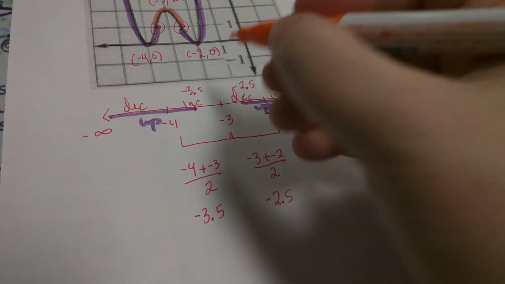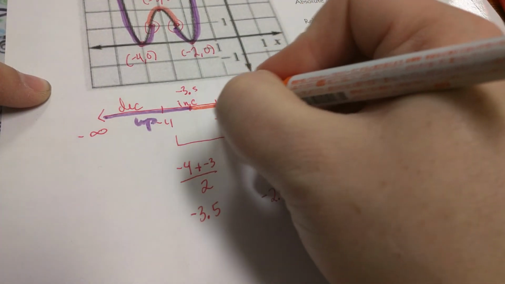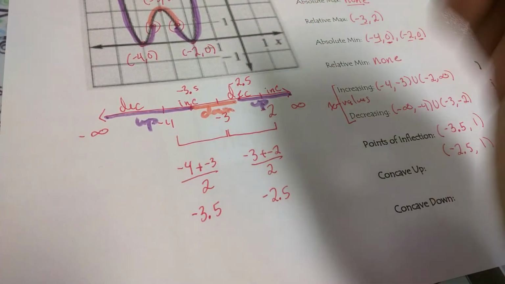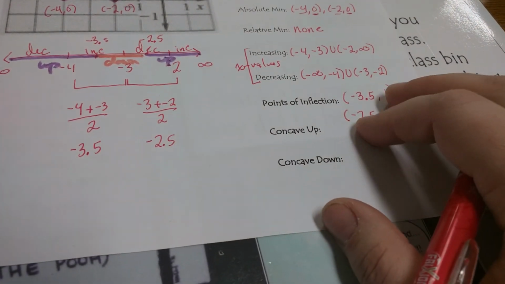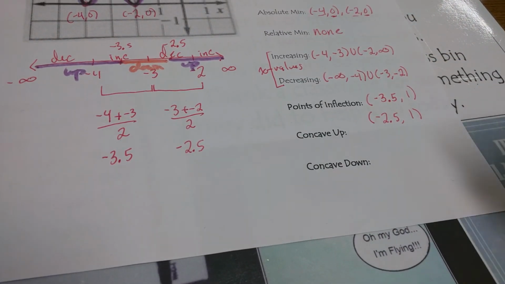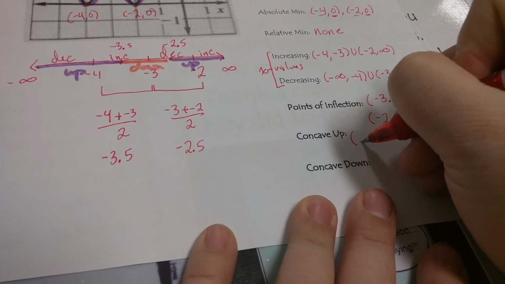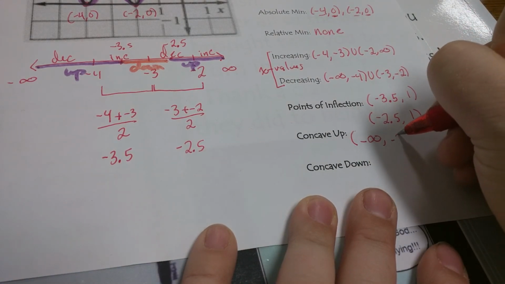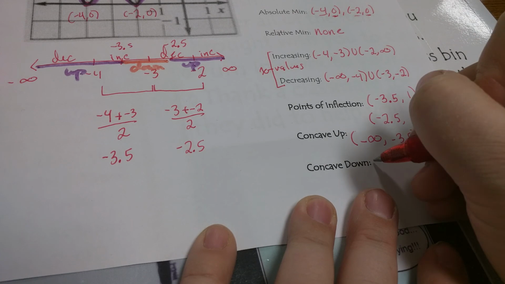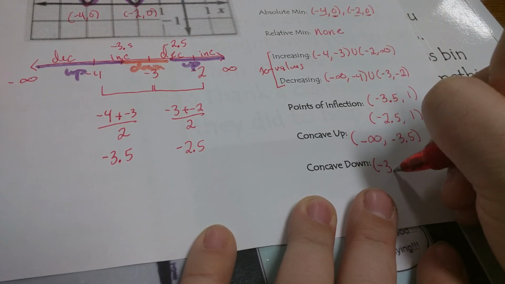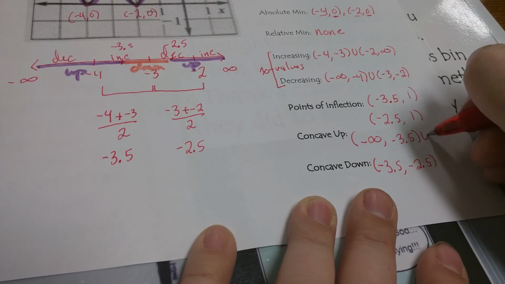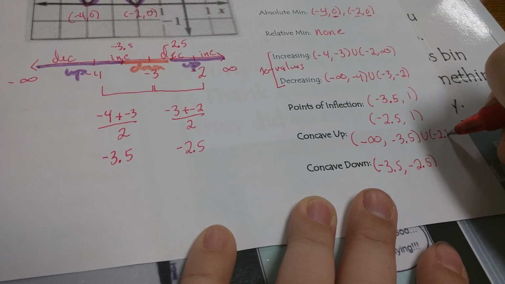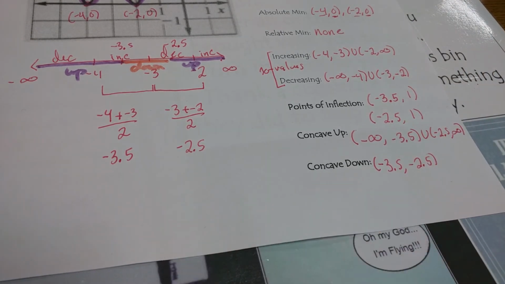And then between these two, we are concave down. So I start by being concave up from negative infinity until negative 3.5. Then I start being concave down from negative 3.5 to negative 2.5. And I end at negative 2.5 to infinity, being concave up.